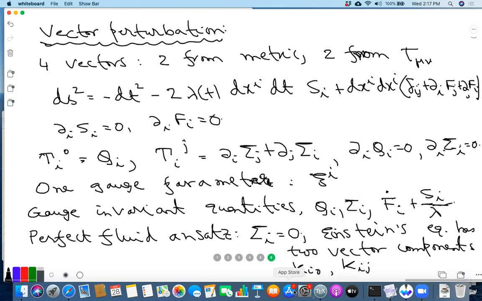Are there questions? So after using the gauge parameter, we had 4 vectors, right? No, I think after using the gauge parameter, we had 3.